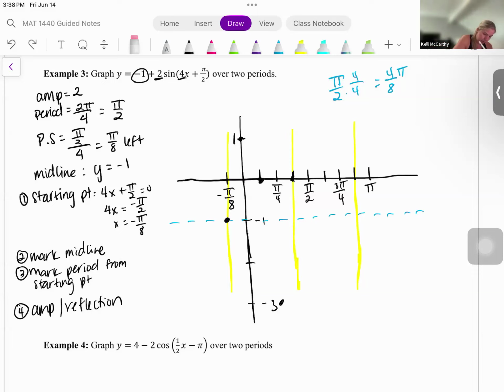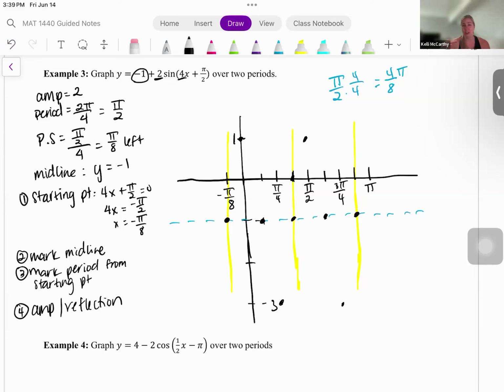Oh, yikes, not where I wanted to go. It's going to be hard to erase that point. Here's our midline, minimum, back to our midline here. Now we're back at our maximum, back at our midline, minimum, midline.